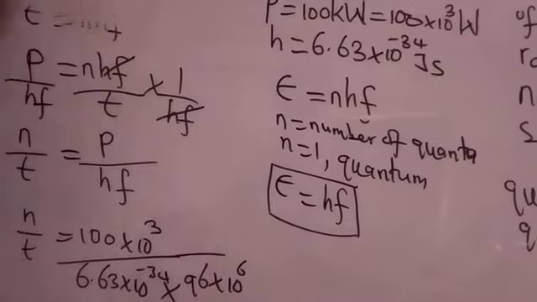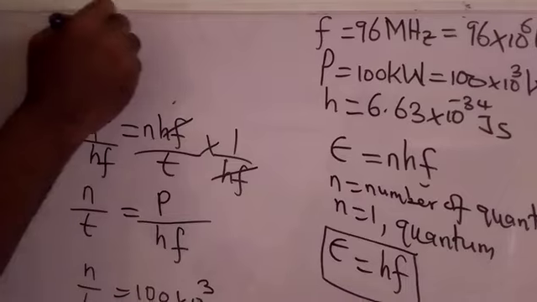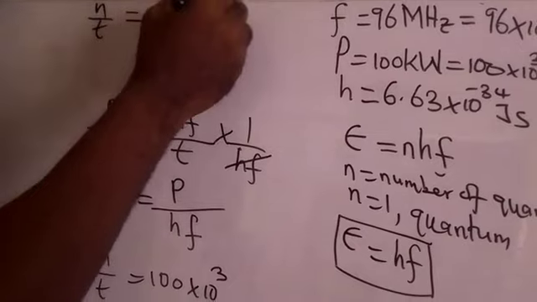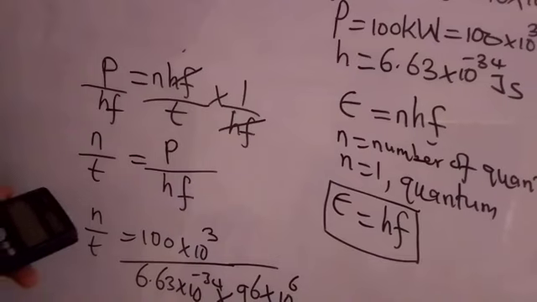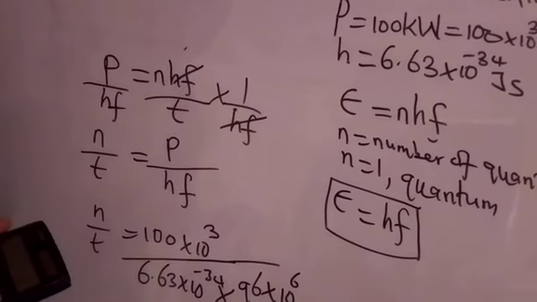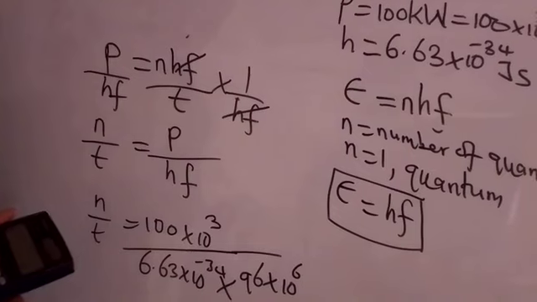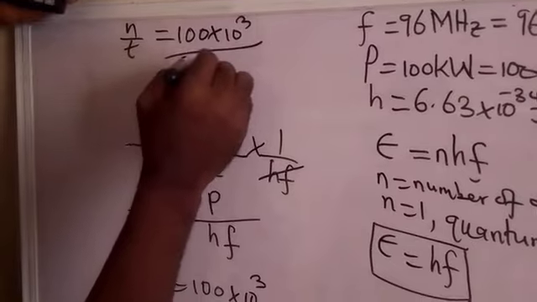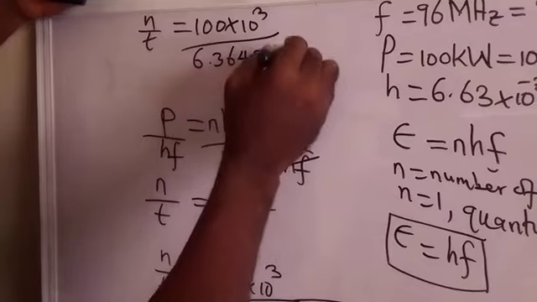Having said that, the number of photons per second is our power, 100 times 10 raised to the power 3, divided by the product of the denominator, 6.63 times 10 raised to the power minus 34 times 96 times 10 raised to the power 6.